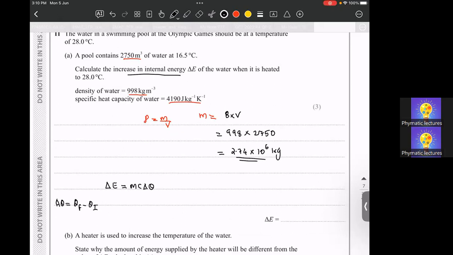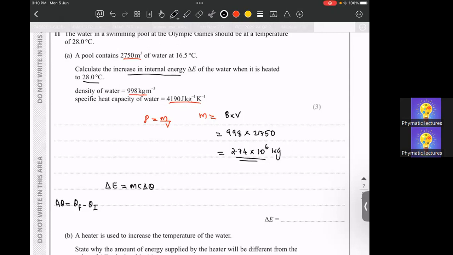And the specific heat capacity is given per Kelvin. So 28.0 degrees, if you're converting into Kelvin, it's not necessary to convert both into Kelvin. Why? Because we are actually taking the difference. 28.0 plus 273 is the final temperature in Kelvin, that is 301.